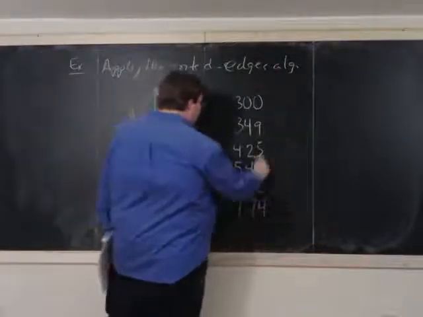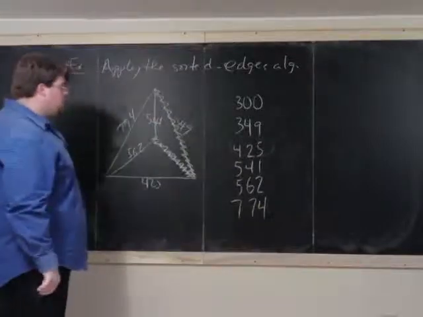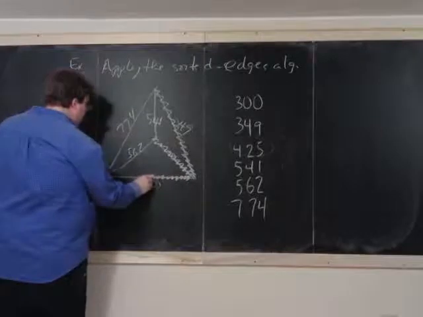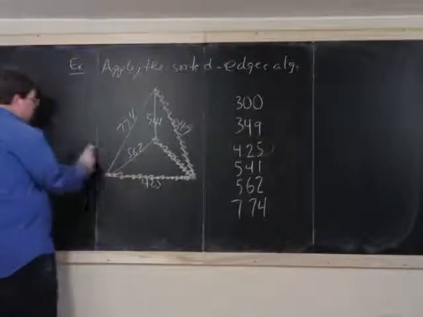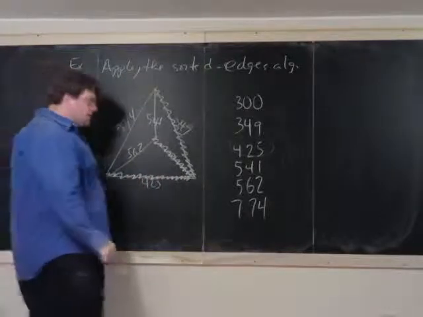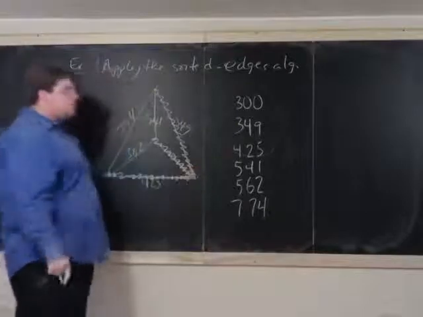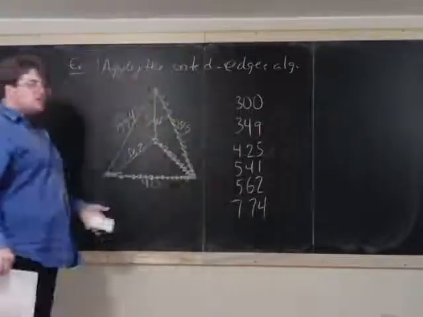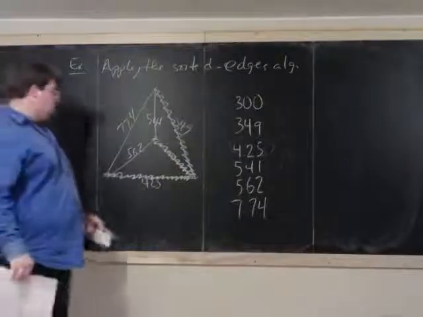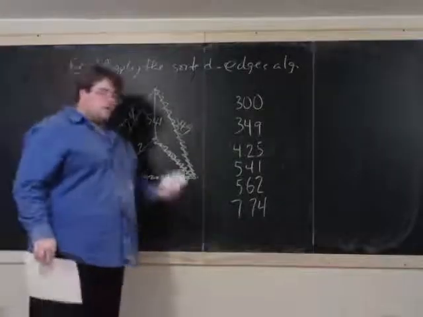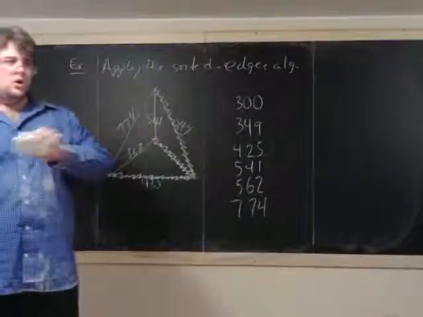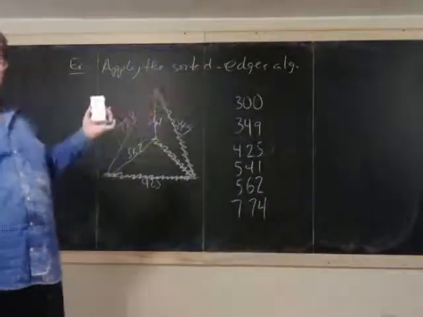What if we add this edge? 425. Well, that would be this one. What would happen if we did that? Well, what happens is it violates condition 1. But why does it violate condition 1? Why does that prevent us from getting a cycle that we want? Well, in order to visit these exactly once, you go there and you leave.